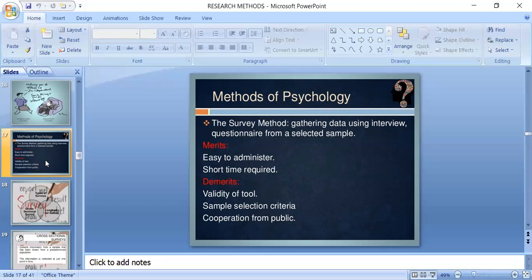In short, the experimental method involves the creation of certain stimulating conditions or the presentation of certain stimuli that would evoke or produce a certain response. So the experimental psychologist essentially produces certain stimuli and studies the reactions and responses.